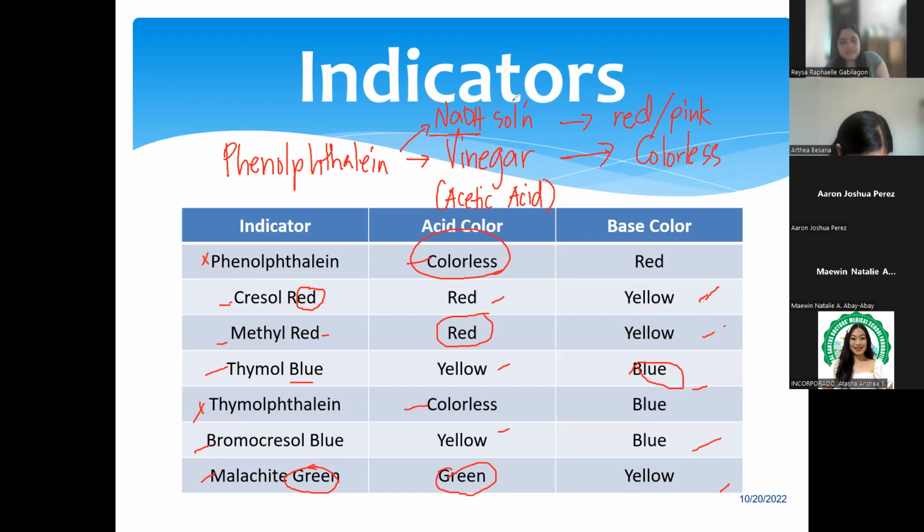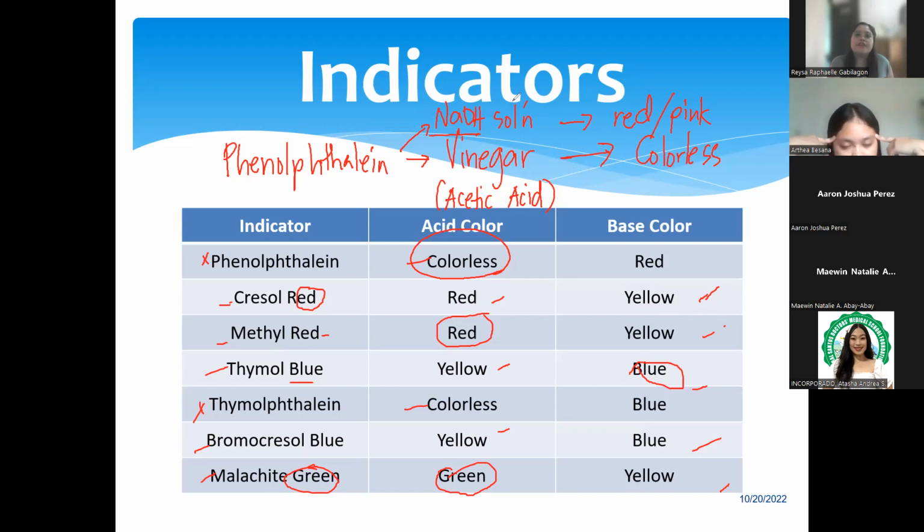So nakadepende kung unsa ka food ang like ang acid or base, may kadepende pud kung unsa ka kusog ang shade sa color mo. Yes, okay. The more na concentrated yung either acid or base, the more na strong pod ang parang shade of the color. So just like phenolphthalein, if very strong yung sodium hydroxide, talagang magre-red siya.